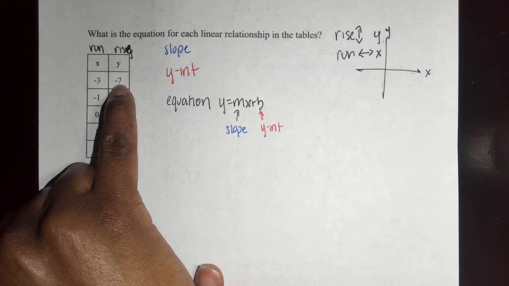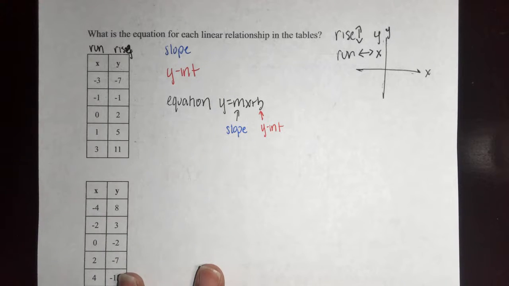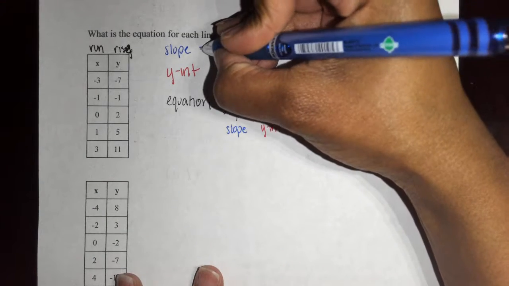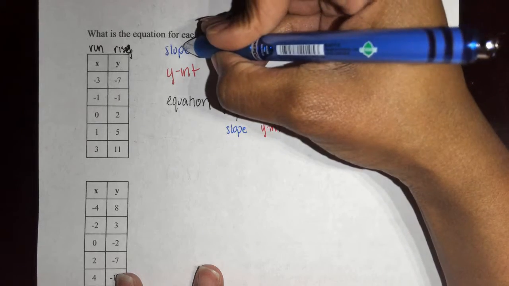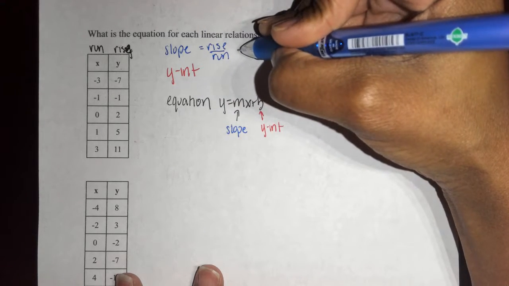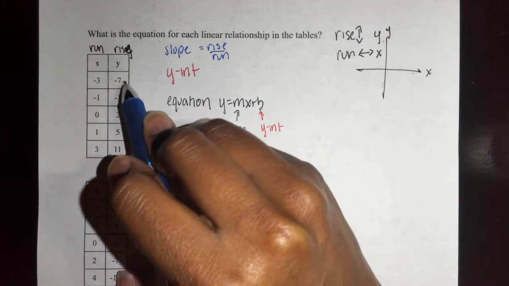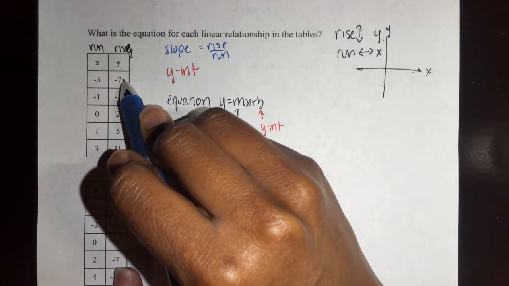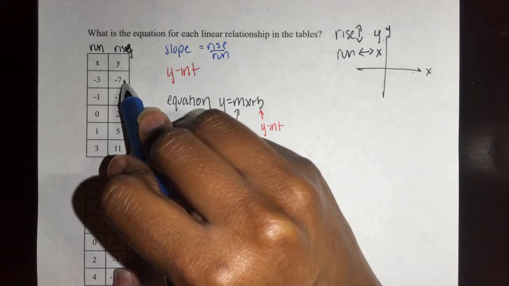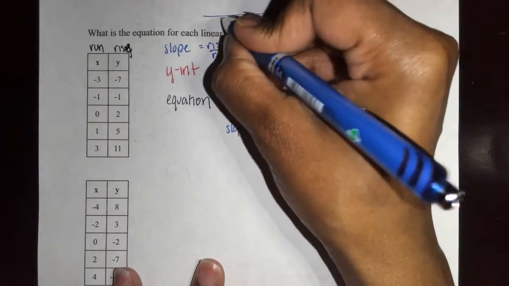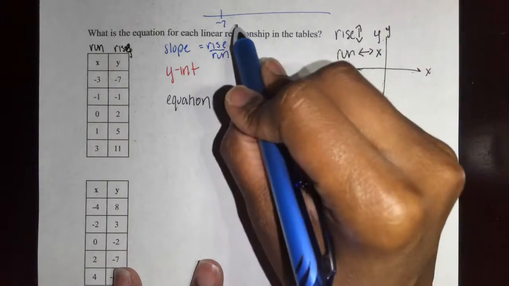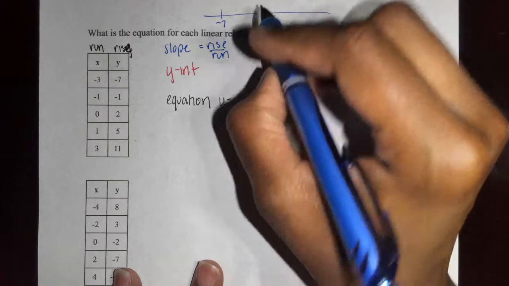Let's look at our rise first, because our slope is rise over run. We started here at -7. On a number line, we went all the way up to -1.